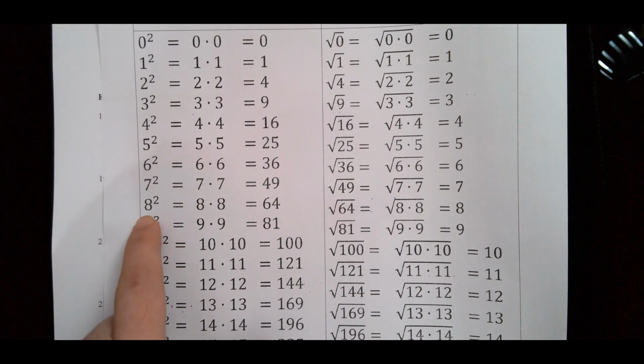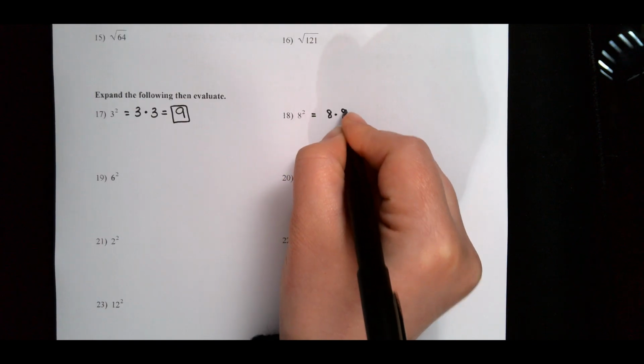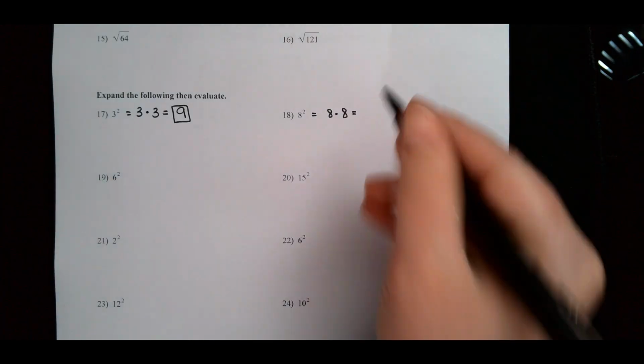Okay, let's expand 8 squared. 8 squared is 8 times 8. 8 times 8 is equal to 64.